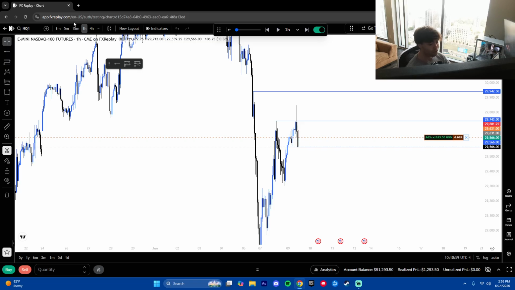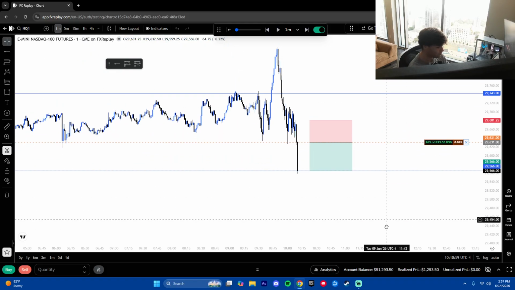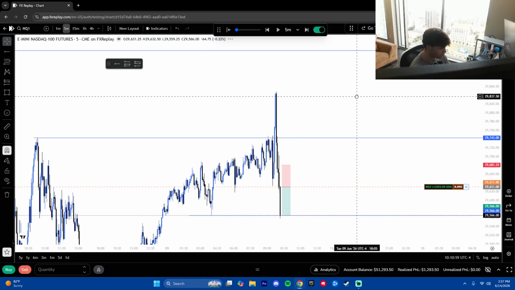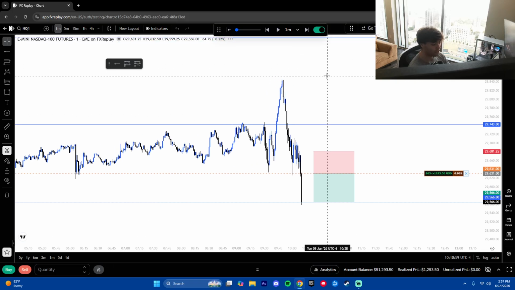That is what I mean. Because again, you don't have a confirmed draw on liquidity in this case. You don't know where price is going. So all you're waiting for is valid direction, speed, or any sort of PD array showing you that we're going in a certain direction, right?